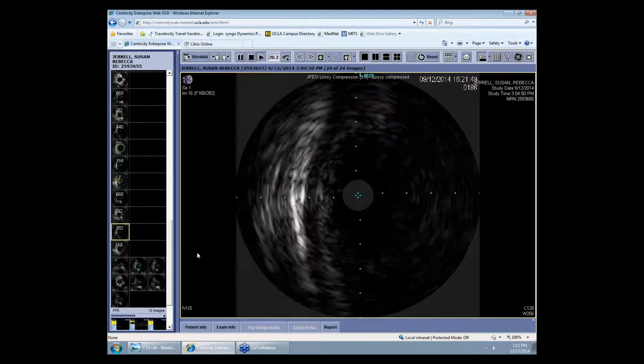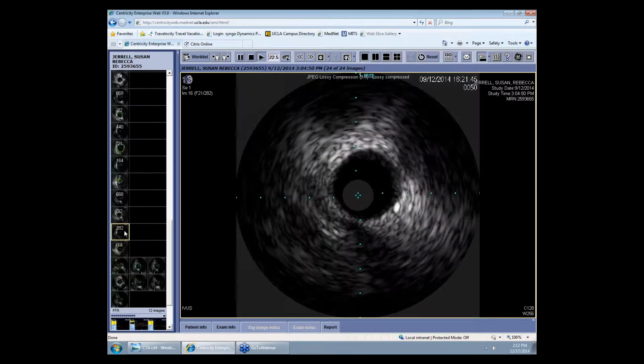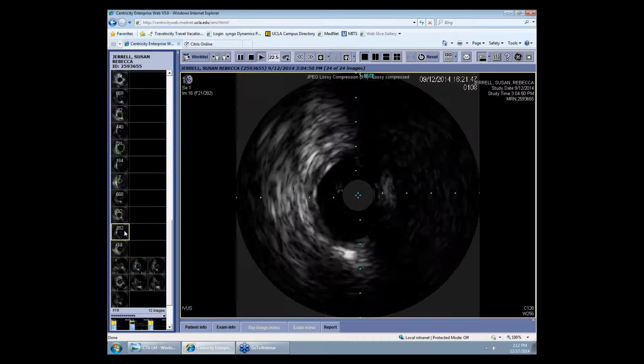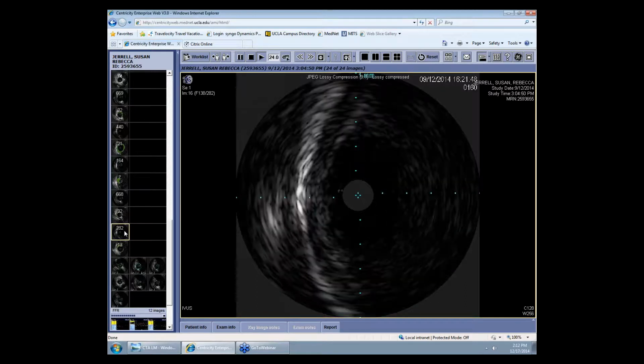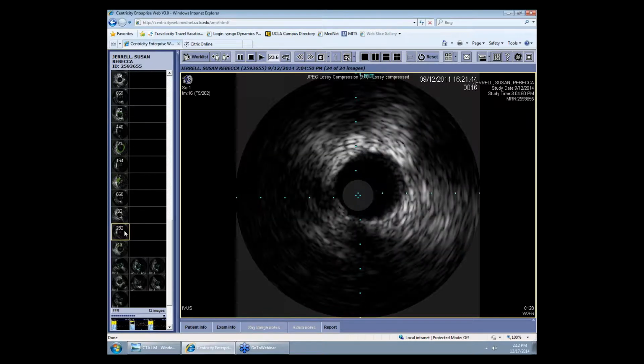So that looks, that's the catheter. So this is the left main. It does not look to me like it's narrowed, but there's a little suggestion. But there can be so much dropout on these volcano images that I don't trust this.